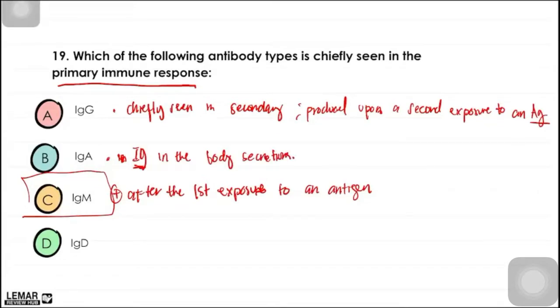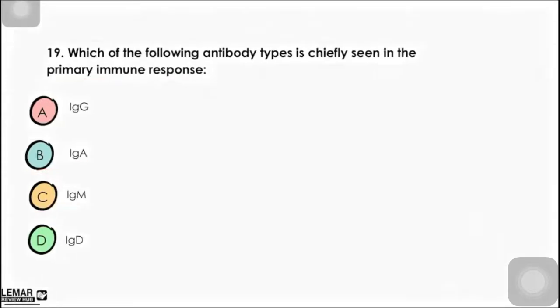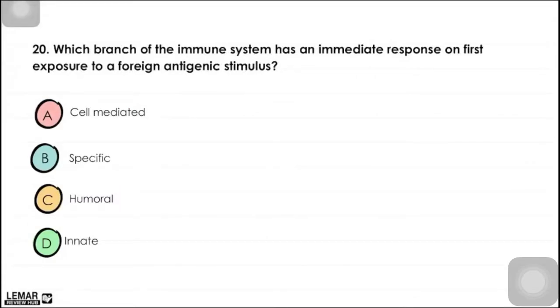Finally, we have your IgD. IgD is found in small quantities and accounts for less than 1% of the total immunoglobulin pool. So, number 19, the answer for the antibody that is chiefly seen in a primary immune response is IgM, letter C. Number 20.